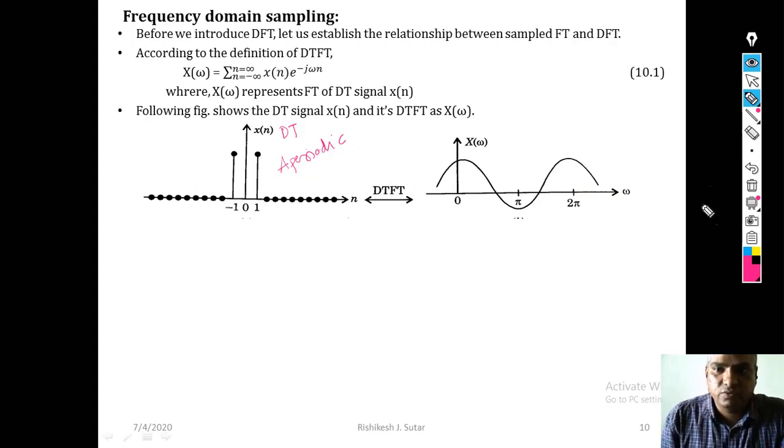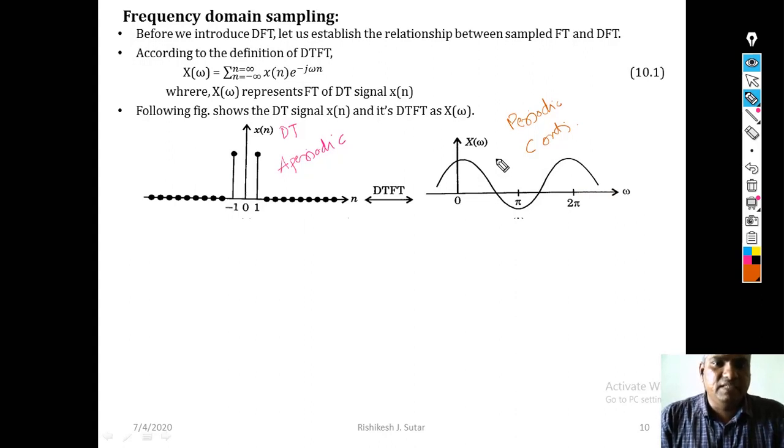So if I want to find out its frequency domain representation, as it is discrete time, it would be periodic in nature, and as it is aperiodic in the time domain, it would be continuous in nature. So this is the relation between the time domain signal and the frequency domain signal.